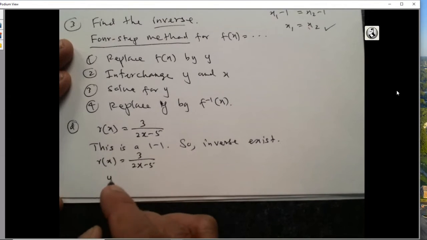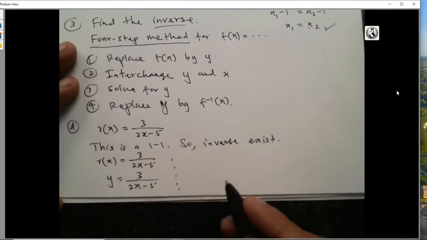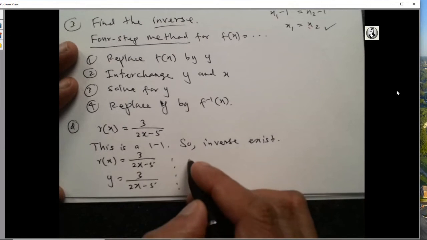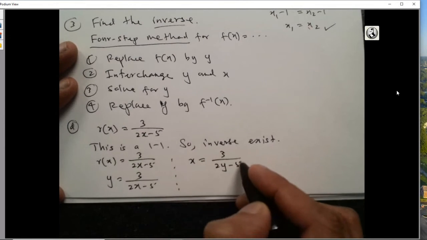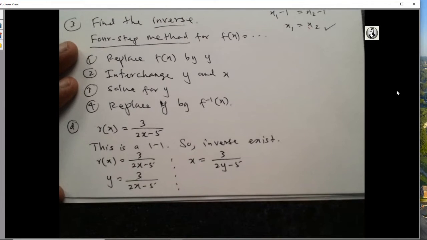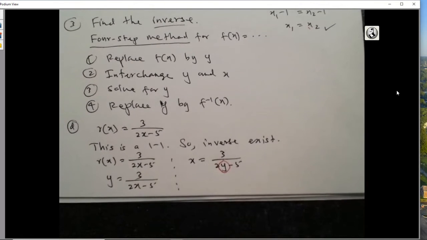The first step, you replace the function by y. The second step, switch x and y. So x equals 3 over 2y minus 5. Solve for y. There are two ways to do this.